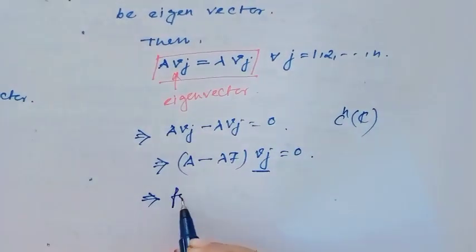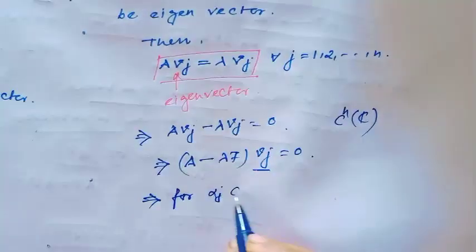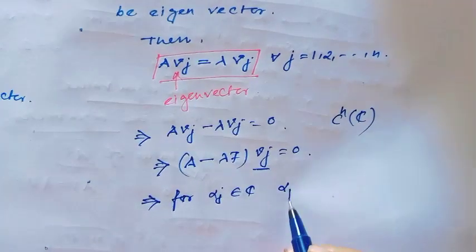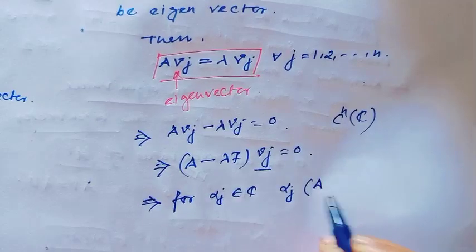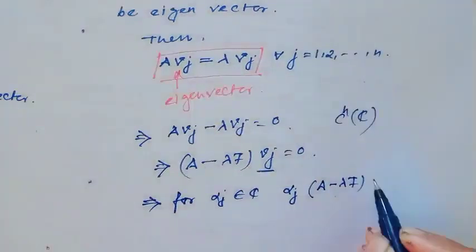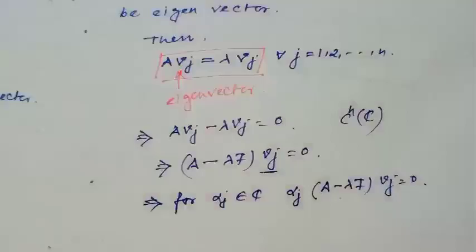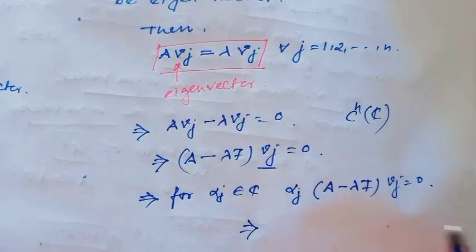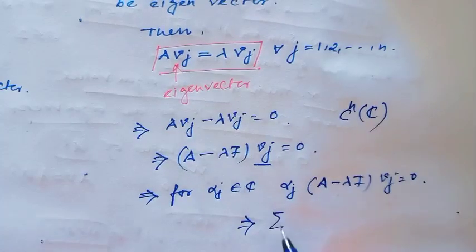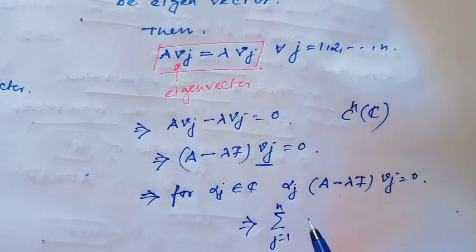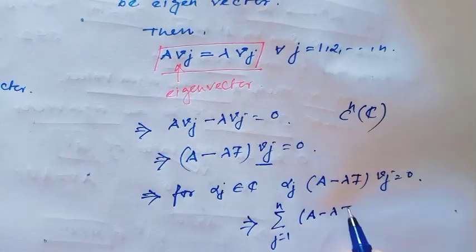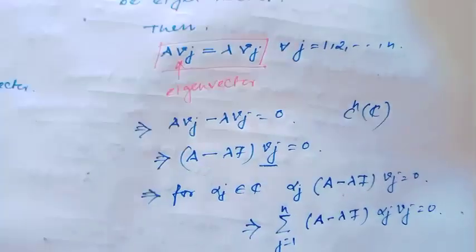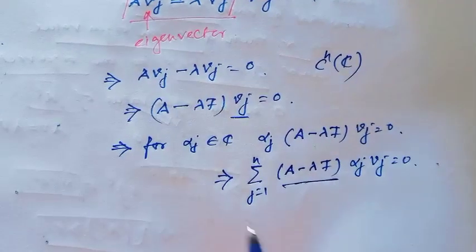Therefore, for alpha j belonging to the complex numbers, we can write alpha j times (A minus lambda I) Vj equals 0. And this we can write as the summation, j equals 1 to n, of (A minus lambda I) times alpha j Vj equals 0. And obviously alpha j is a basic scalar.